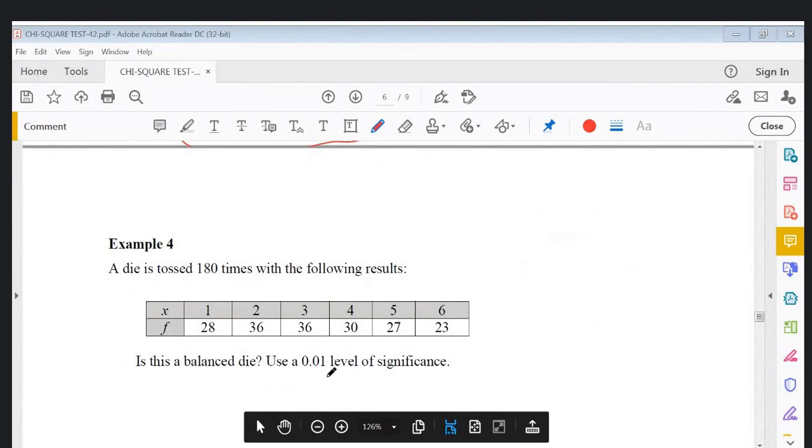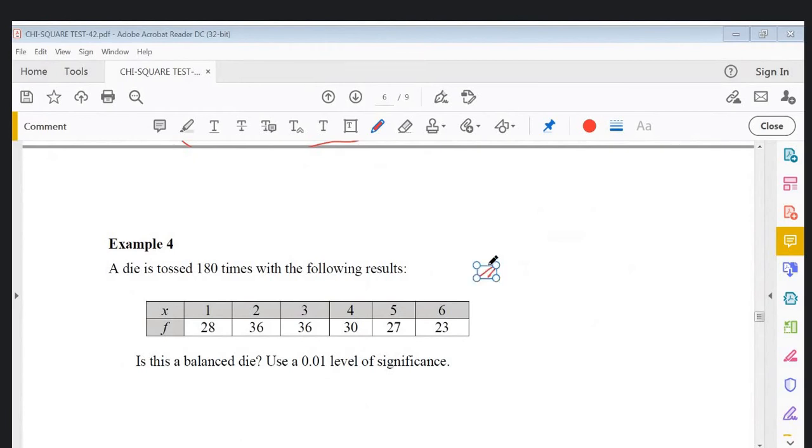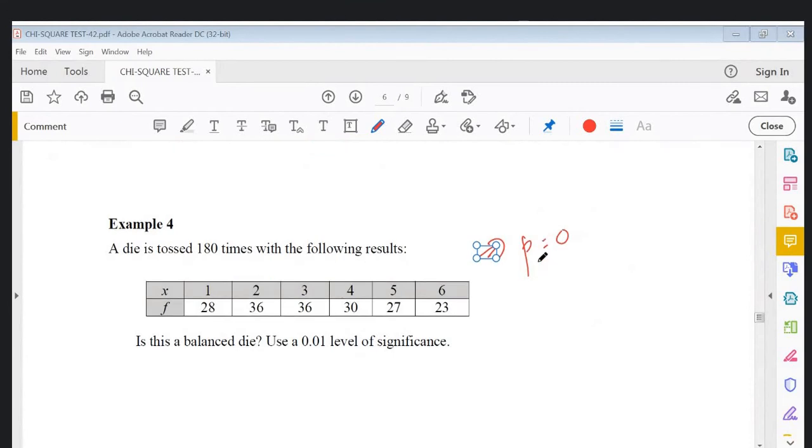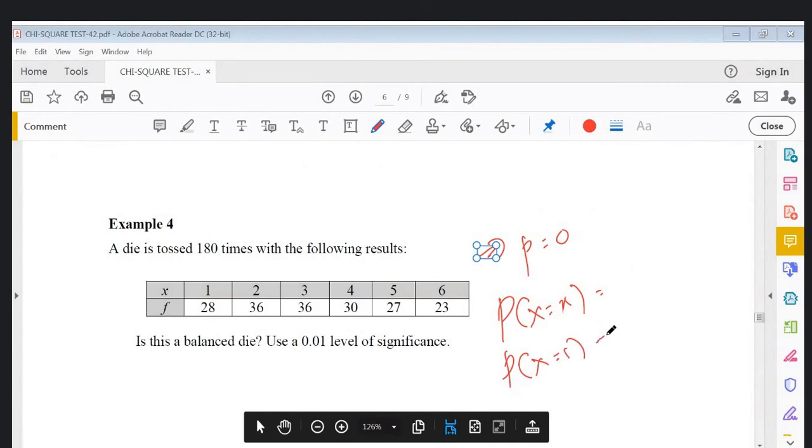Use alpha 0.01. For this one, we don't have any parameter, so P is 0. What is the value of probability for X equal to 1? It is 1 over 6.